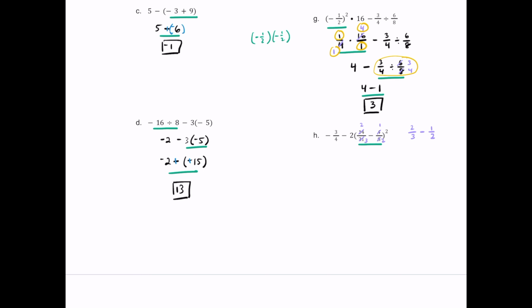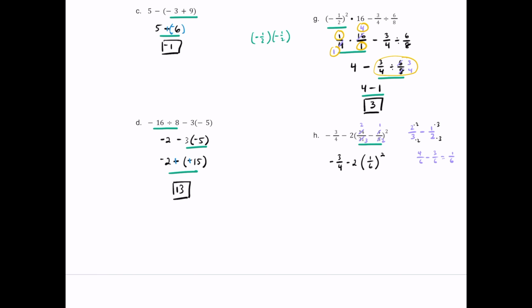And in order to subtract them, you need common denominators, right? So I multiply these to make 6 their common denominator. So that's going to be 4 over 6 minus 3 over 6, which is just going to be 1 over 6. All right, so a little bit more work, but we have negative 3/4 minus 2 times the quantity of whatever this 1/6 is squared. We just found out that that's 1/6.